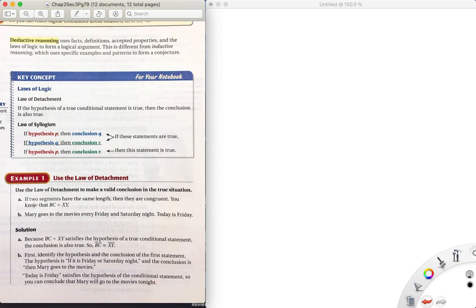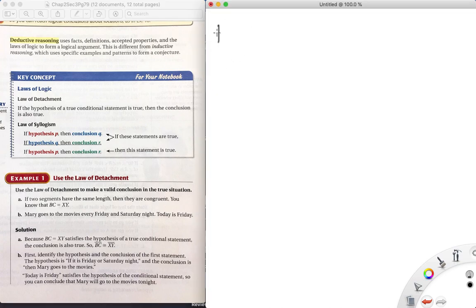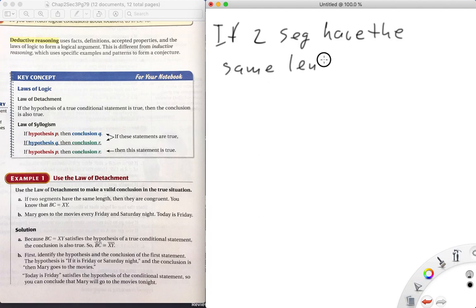It says, if two segments have the same length, then they are congruent. That is my conditional. If two segments have the same length, then they are congruent.